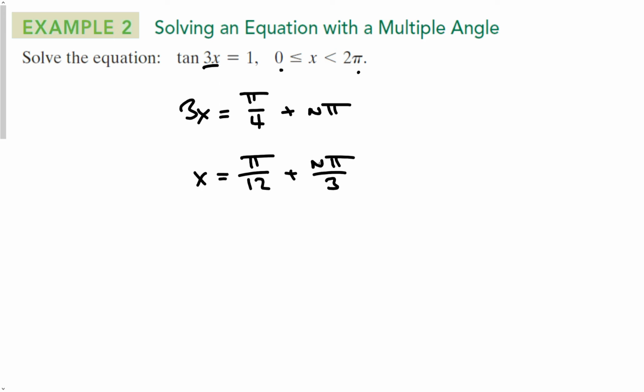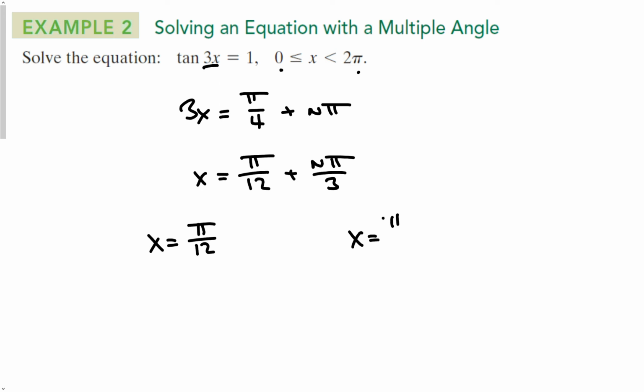Let's try too small. If I put a negative there, I get a negative number here, so no good. We want it between 0 and 2 pi. So if n is 0, we get pi over 12. If n is 1, let's go through this whole thing.